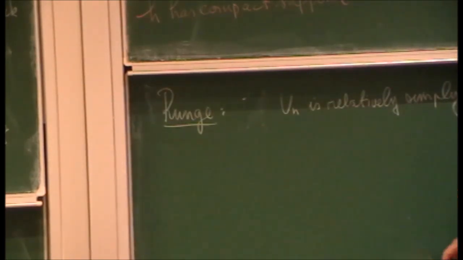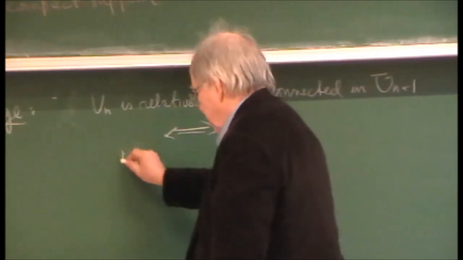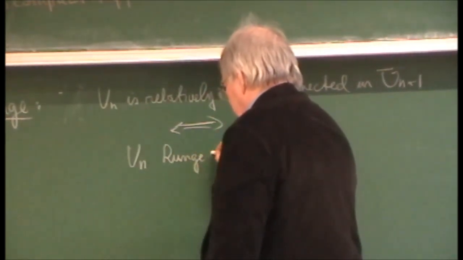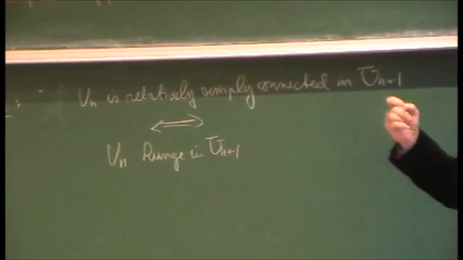I will explain what that means. That's a purely topological condition, okay? If and only if Un is Runge in Un plus 1. And I mean by that what I just said, the approximation property.